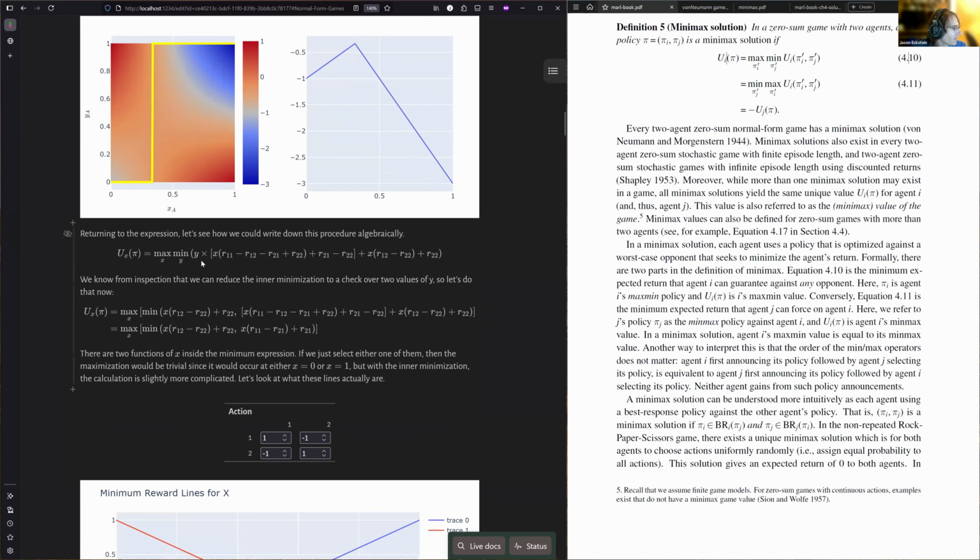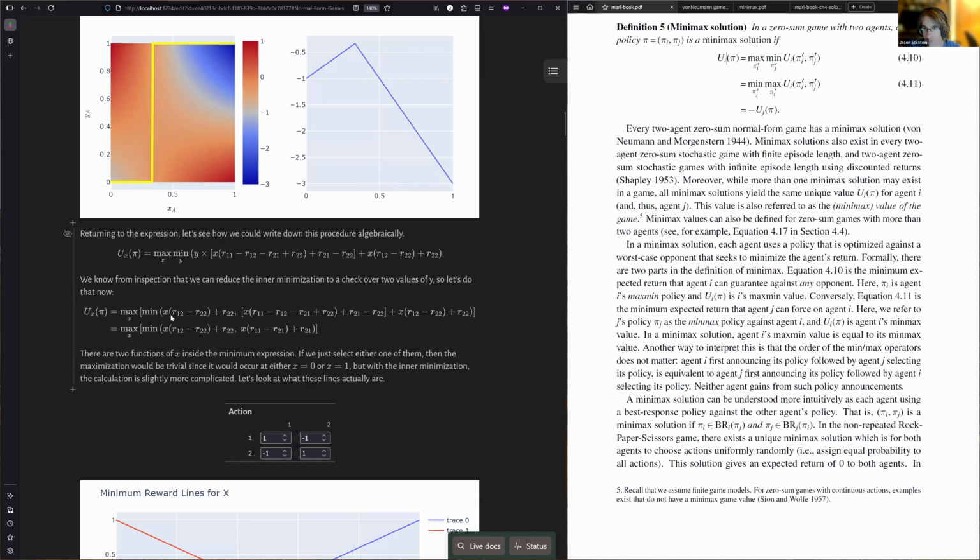So I already mentioned that for this inner part, we can reduce this to just checking y equal to 0 and y equal to 1. We don't have to actually minimize over all of y. So first of all, I have replaced this min over y. Now it's just the minimum of two expressions.